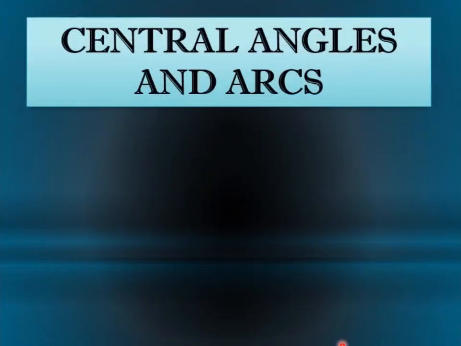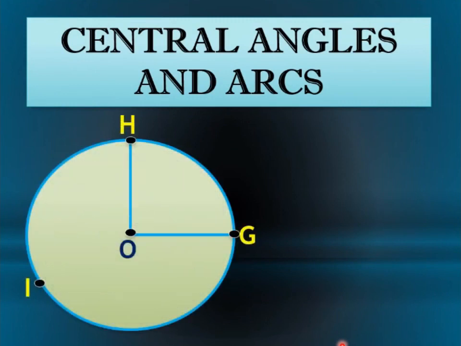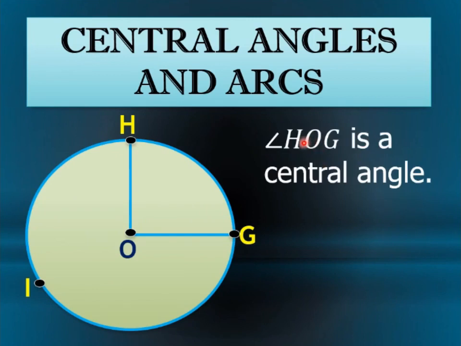Central angles and arcs. Given the circle O with points H, G, I on the circle, angle HOG is a central angle because the vertex of this angle is the center of the circle and the sides of our angle are the radii of the circle, the radius OH and radius OG.